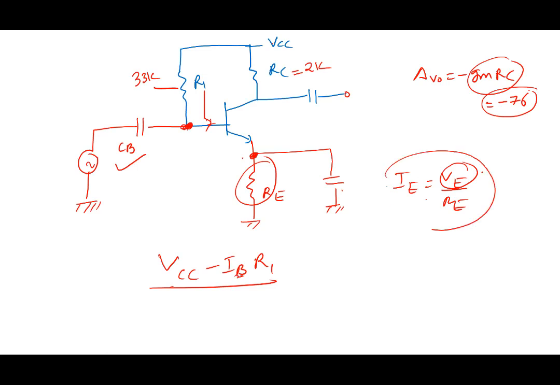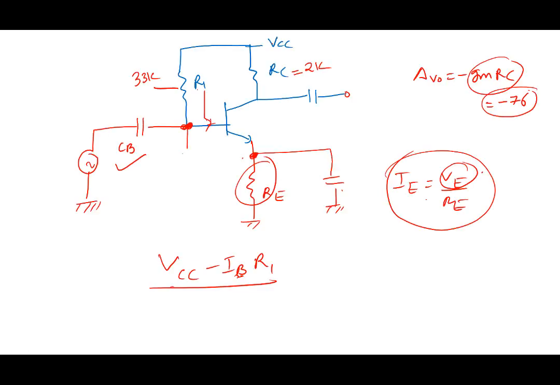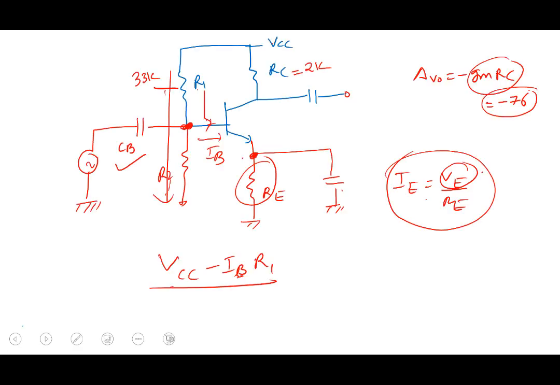That defeats the purpose. We want to generate a value of IE which is independent of beta. That's why this resistor R2 is there. This R2 is there so that this whole current is much larger than IB. That's the purpose here. You want to provide a path for this current to flow back to ground here. Right? You want to do that.